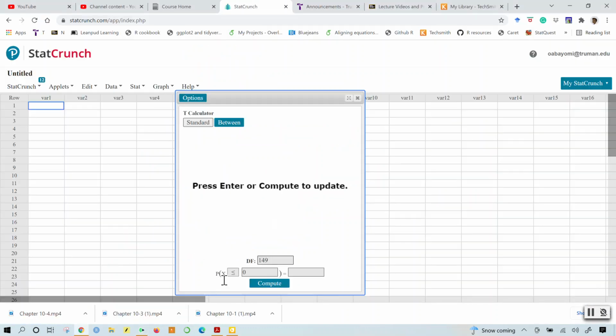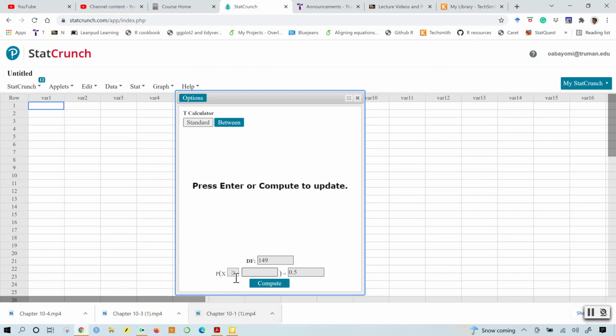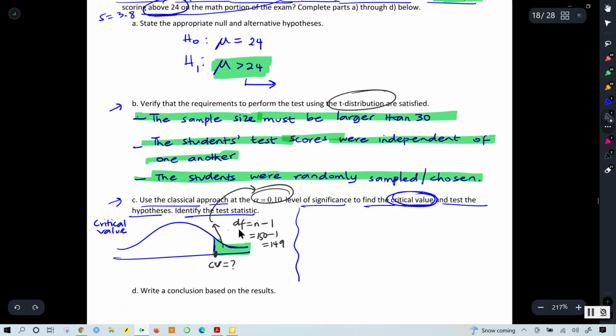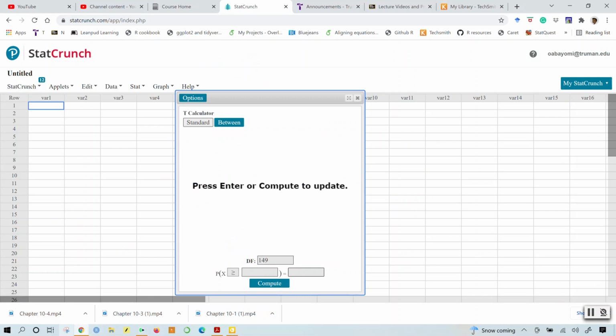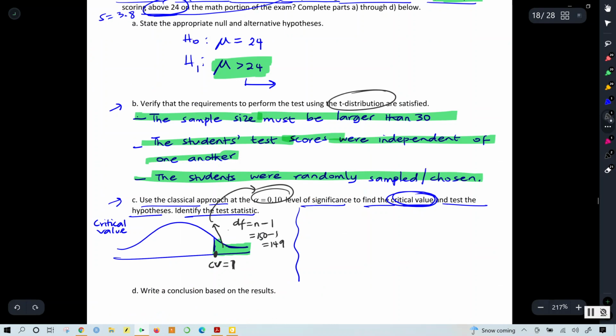So I want to set this to greater than. What is the size of the area? The size of that area is your alpha, which is 0.10. So this is 0.10, and I will compute it. The value is 1.2873. So my critical value is 1.2873 to 4 decimal places if I want.